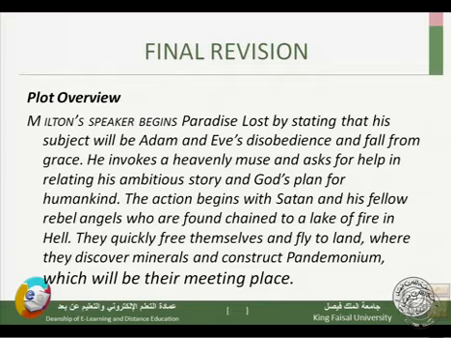Okay, then we move to another important point about this poem, which is the plot overview. Of course, many parts are not included here, as I said, because of the shortage of time. So you need to go back again to the previous lectures to have a look again at all these points.